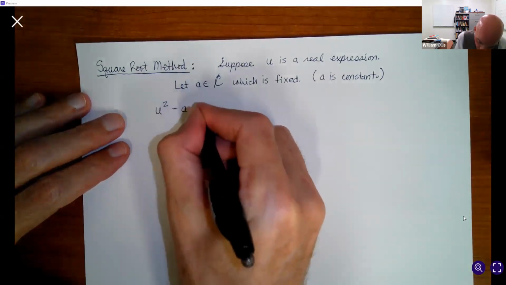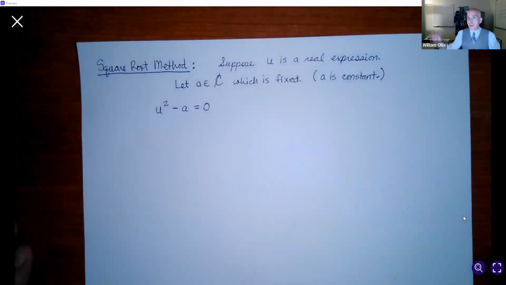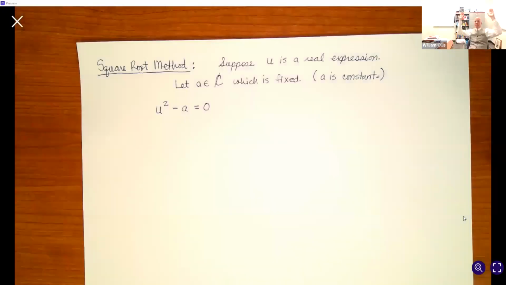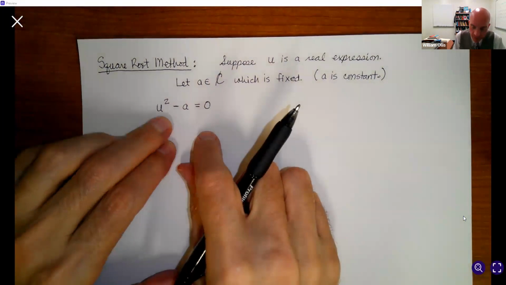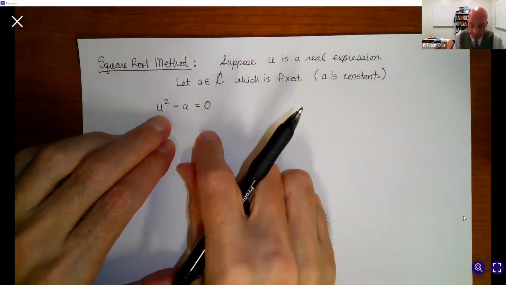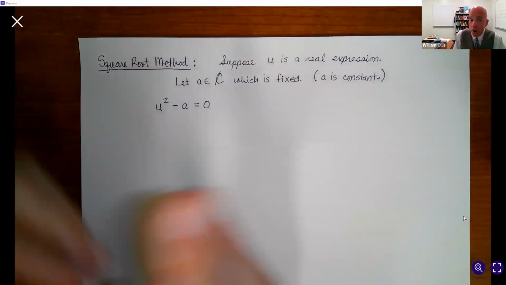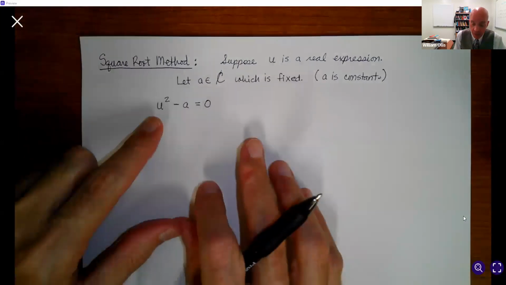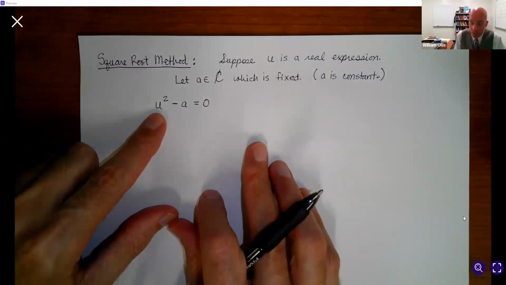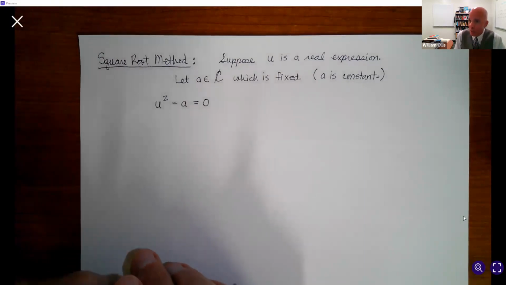minus A equals 0. Now, of course, remember, U can be just a single variable, X, or it could be a combination of other terms that is squared. So we are very flexible with this particular result.